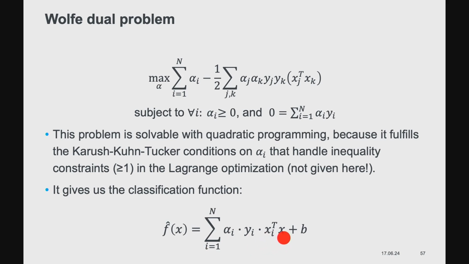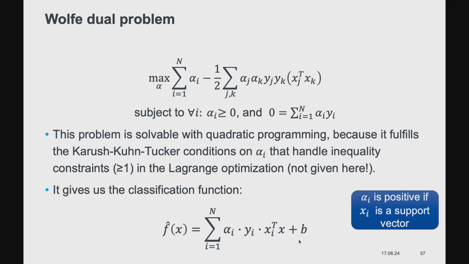So I use my data instances plus b. And alpha I is only positive, so different from 0, if xi is a support vector, when I have done all this optimization.